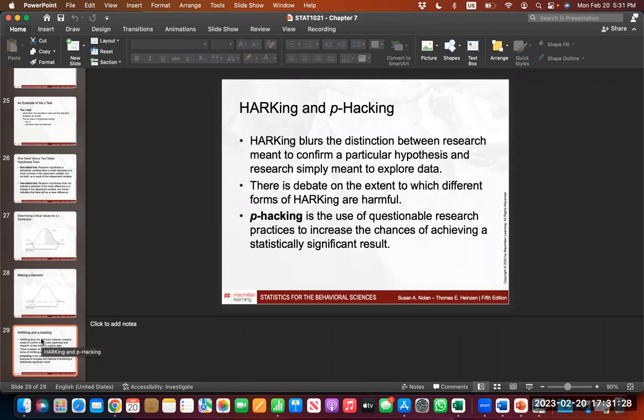And that essentially allowed for two problems to arise. So one is harking, and the other one is p-hacking. Harking means that you hypothesize after your research results are known. Essentially, that means that you explore your data and you subset your data and you look at certain subsets of your data based on what you find to be true.